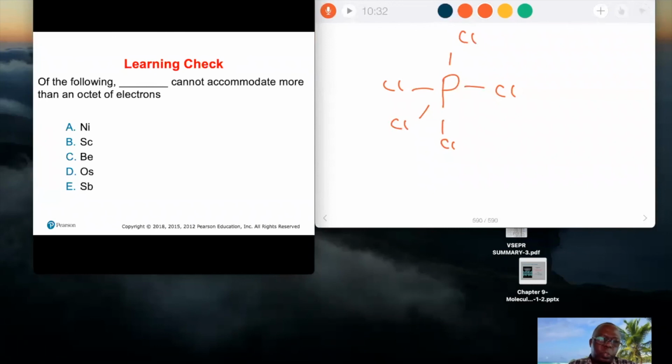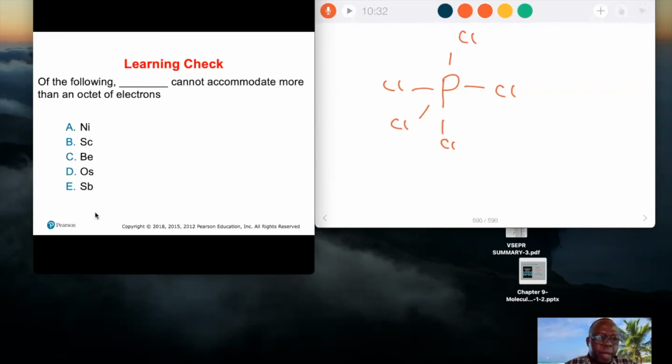Among the multiple choices I have here, beryllium is number 4, row 2, and it cannot accommodate more than the octet. The others have d sublevels: nickel, scandium, osmium, and antimony.